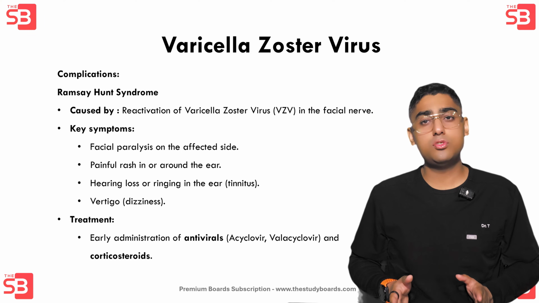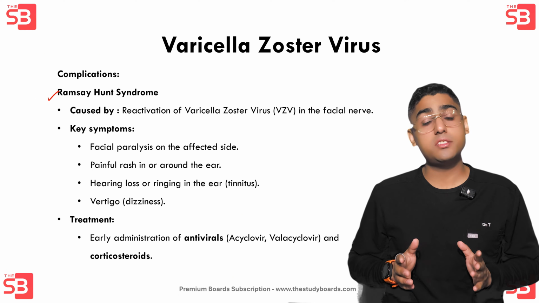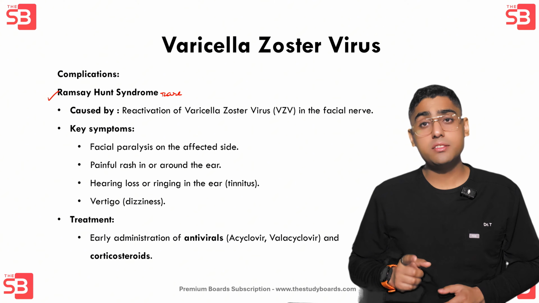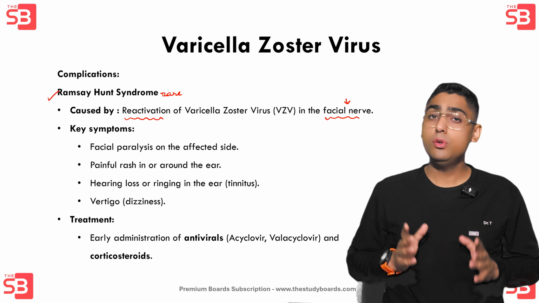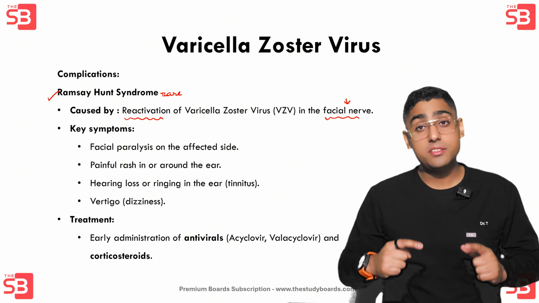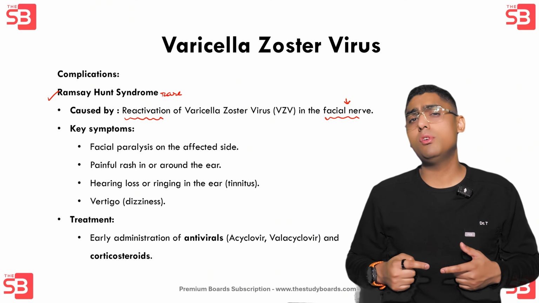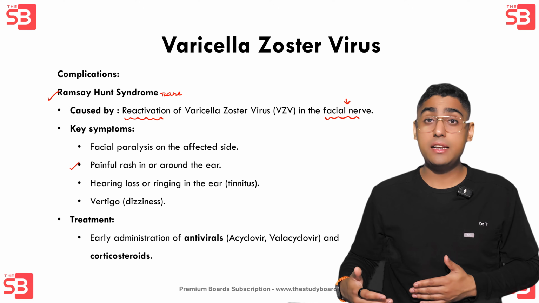Now, Ramsay-Hunt syndrome is a rare but serious complication of varicella zoster virus reactivation, where this virus affects the facial nerve near the ear. Now, this condition usually occurs in people who have had chickenpox in the past, and then when the virus reactivates, it leads to a very painful rash in the ear canal or mostly around the ear, along with facial paralysis.